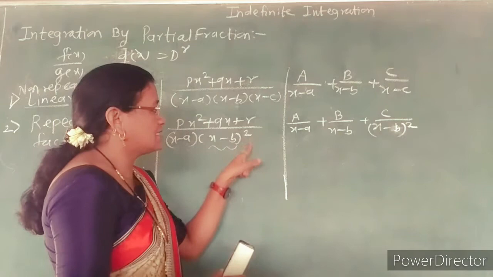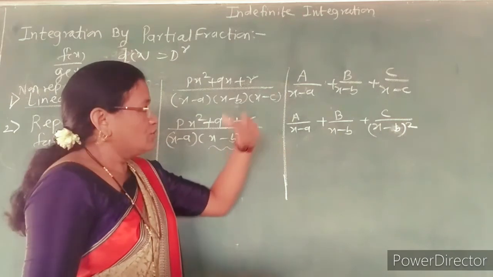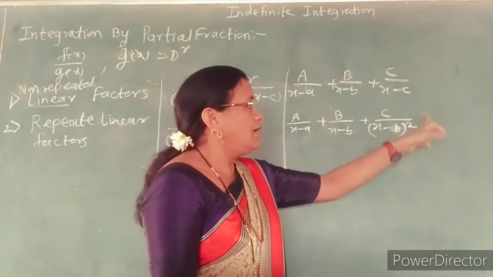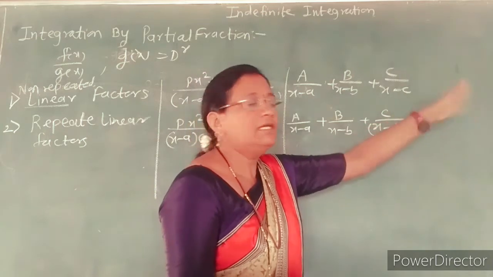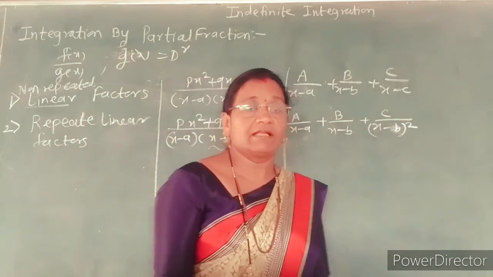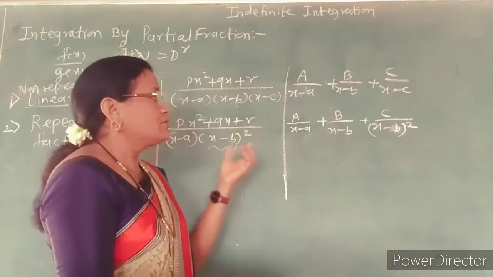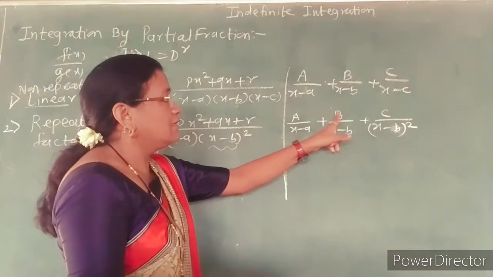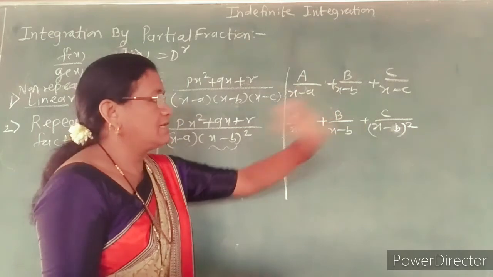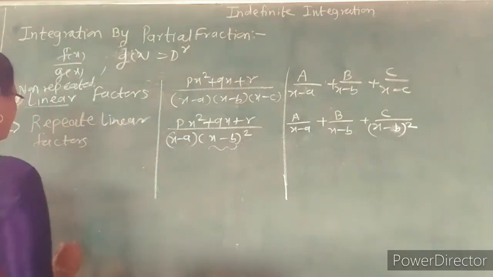Suppose you take x minus c raised to 2, we take a new constant d upon x minus c plus e upon (x minus c) square. A linear factor may be repeated 2, 3 or 4 times, and we separate it by taking constants.